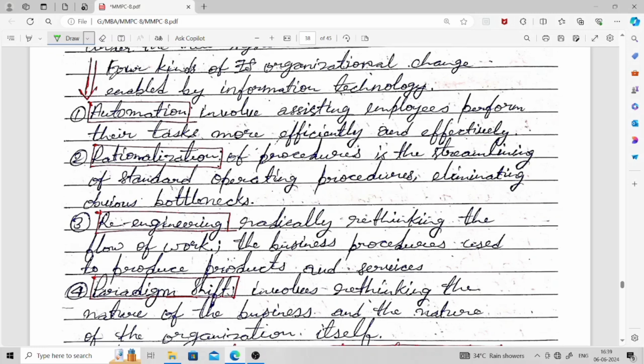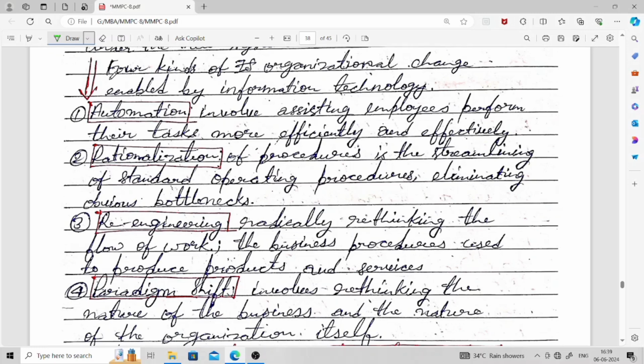Then the second kind of change which is possible due to information technology is rationalization. Rationalization of procedures is the streamlining of standard operating procedures, eliminating obvious bottlenecks.